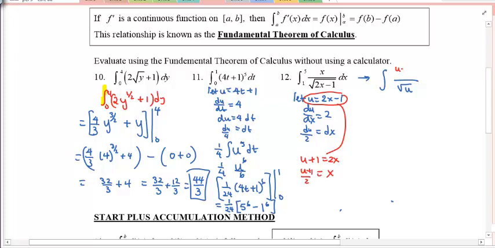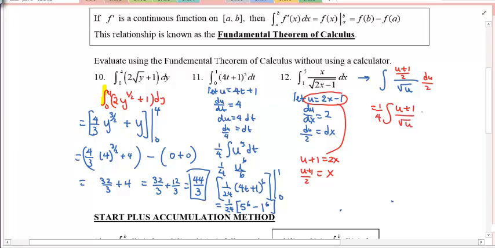So I have a u plus 1 over 2. And then here, instead of dx, I have du over 2. So trying to simplify this, I'll take out the 1/2 and 1/2, which will be 1/4. And now I have u plus 1 over root u.